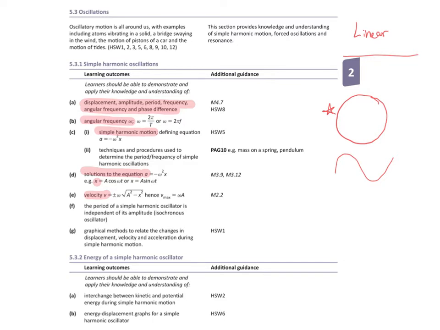You also need to be able to state that the period of a simple harmonic oscillator is independent of its amplitude. This is quite an important part, which we will talk about. And graphical methods to relate the changes in displacement, velocity, and acceleration with time in simple harmonic motion.